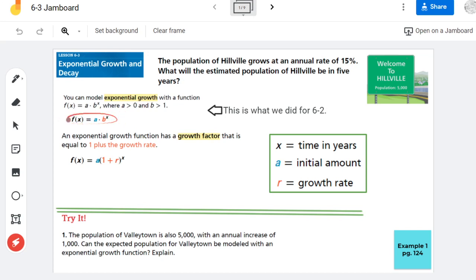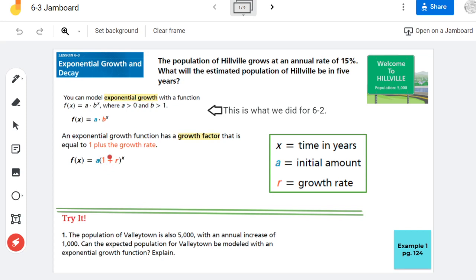So we learned, well, I shouldn't say yesterday, I should say in our last video, about this equation here, where A is some kind of initial amount and B is our constant ratio. So now we are taking that equation and expanding upon it.